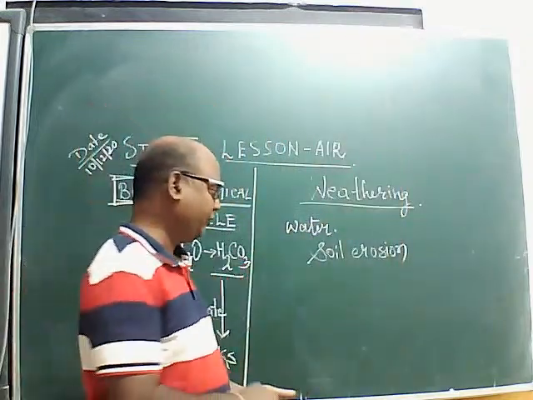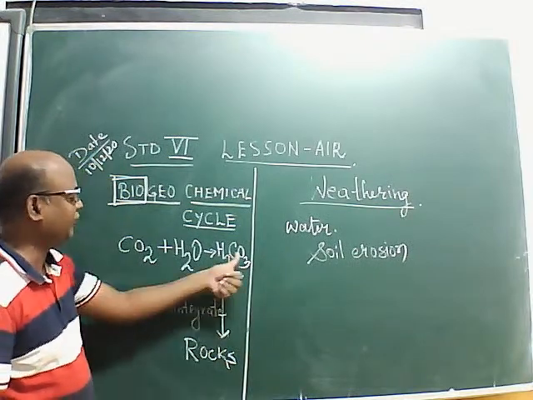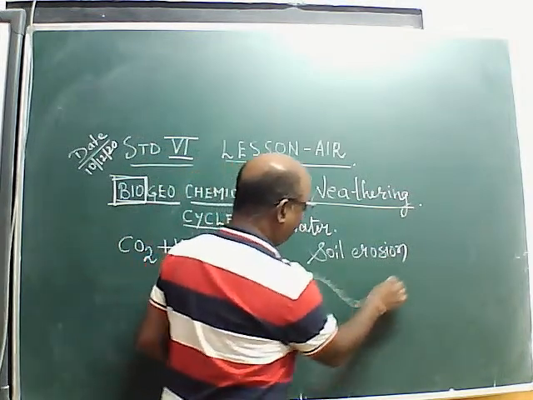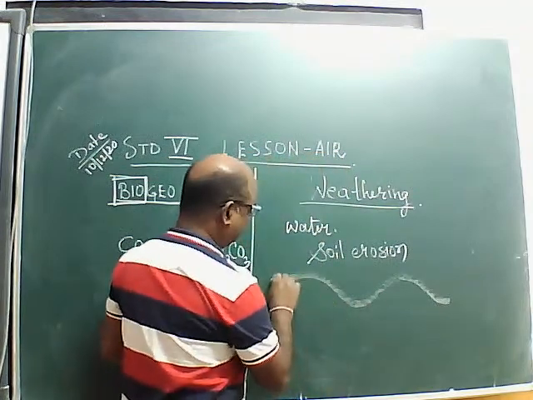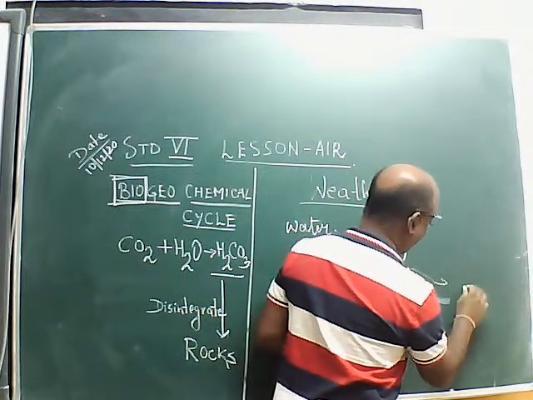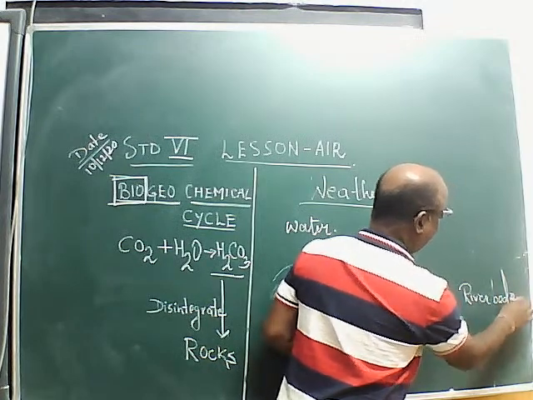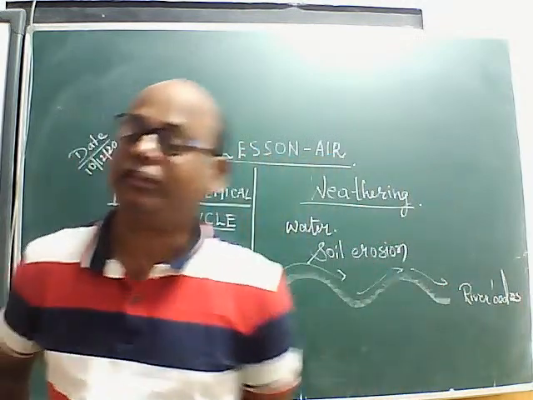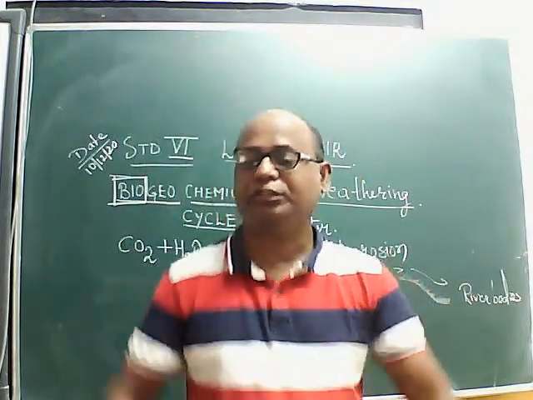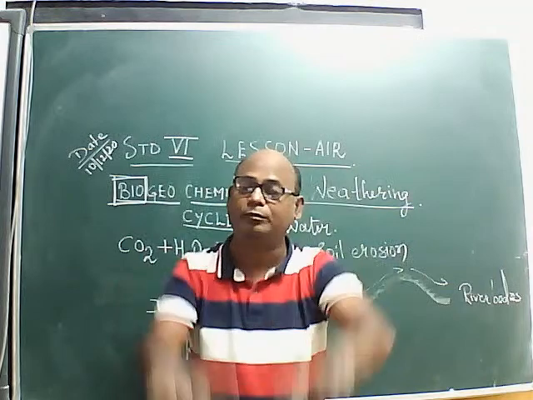So whatever compounds you will find, which are formed by the disintegration of minerals in the rock by carbonic acid, these minerals go along with the soil by soil erosion, and they will go into the river bodies.